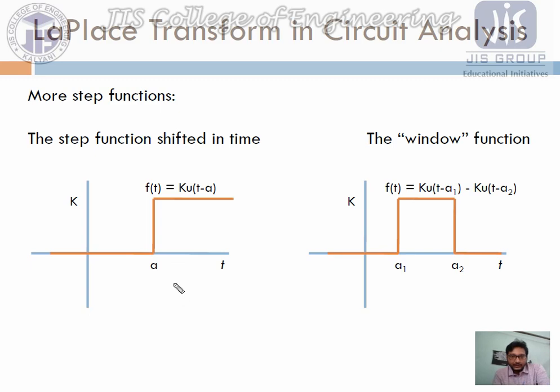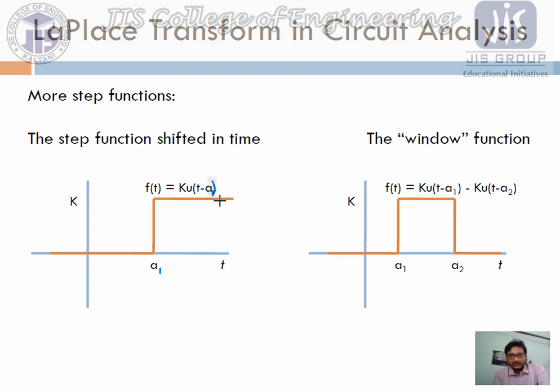If the signal is going over here, suppose it started at the a1 point, so obviously we can modify this signal as f of t is equal to k u of t minus a1, no problem at all, t minus a1, that we have written.